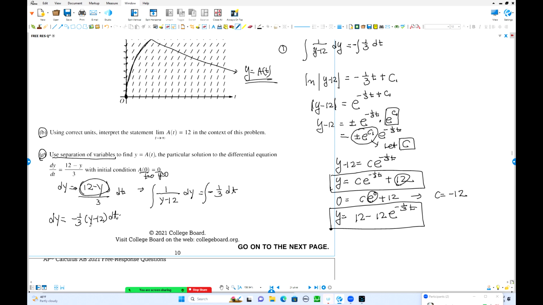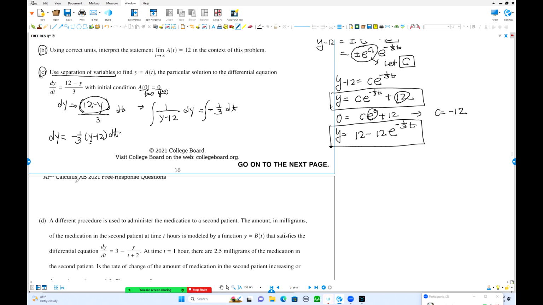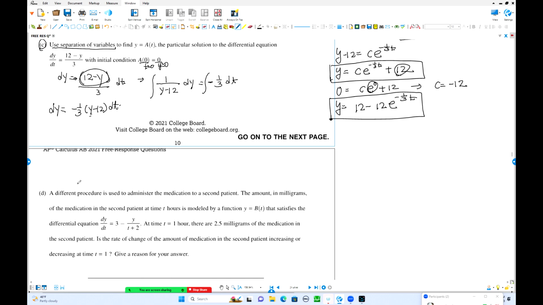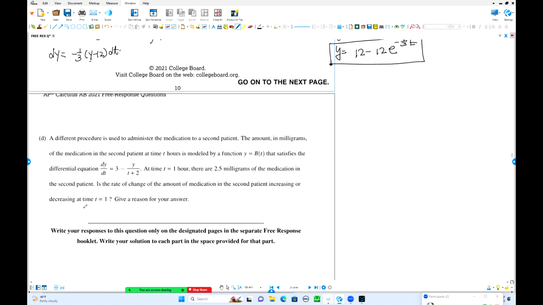Oh, there is one more over here. Choice D. A differential procedure is used to administer the medication to a different patient. The amount in milligrams of medication in the second patient at time t hours is measured by the function y equals b(t).